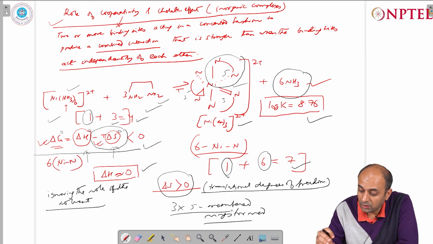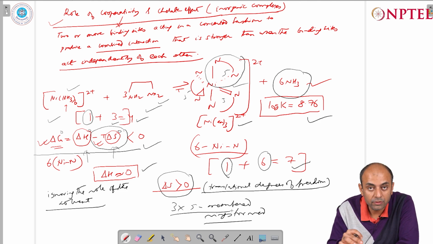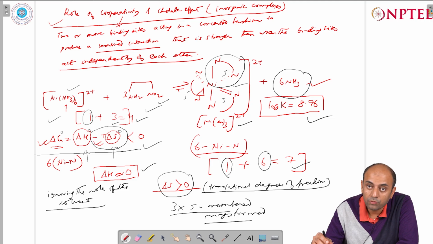and this particular product is exceptionally stable. Why? Because in the case of the monodentate ligand, there can be exchange of ammonia molecules between the bulk and the coordination sphere, which is the first coordination sphere. Whereas here on the product side, once a nickel nitrogen bond is formed, the other nickel nitrogen bond also forms in a facile way because it benefits from the enthalpy change.